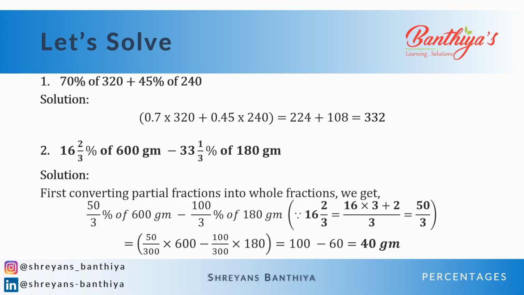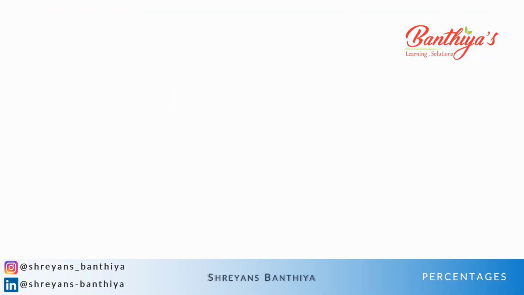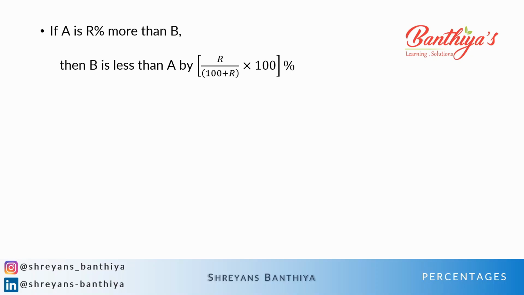Now the first important formula that many of the teachers will be saying you to mug up, but there is no need to mug up everything. So let's understand them. If A is R% more than B, obviously if A is more than B, then B is less than A. So B is less than A by this many percent. This is the formula, and many of the faculties and trainers will ask you to memorize this.